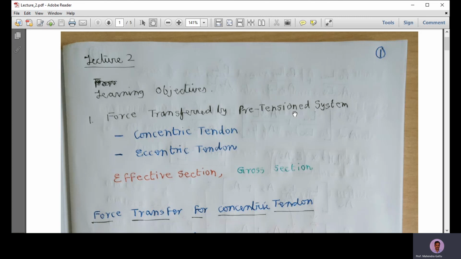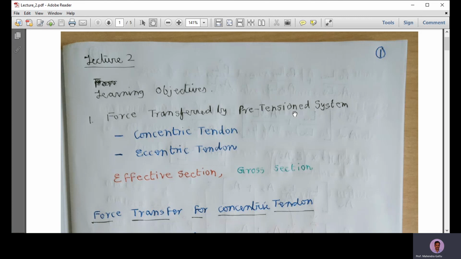In the last class, we were discussing the concept of pre-stress, and then I introduced the concept of pre-tensioning and also post-tensioning in concrete. In pre-tension, we apply a tensile stress in the tendon, and the stressed tendon is placed in a mold, and then concrete is poured onto it.